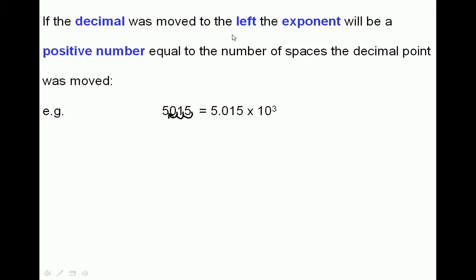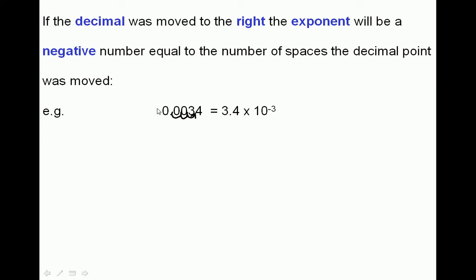Because I moved my decimal point to the left, my exponent will be a positive number, and as I moved it 3 spaces to the left, the exponent will be 3. So expressing 5015 in scientific notation, I would write 5.015 times 10 to the 3. So 1000 times 5.015 is equal to 5015.